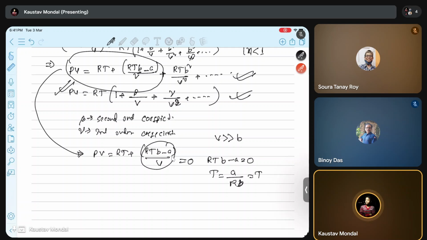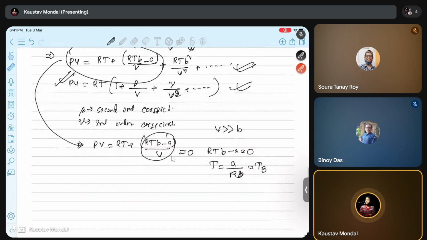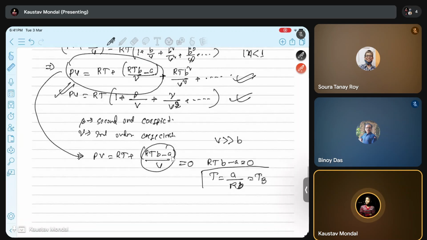This T is known as the Boyle's temperature. This Boyle's temperature is a very important temperature, because at this temperature, if you neglect the higher order terms, this real gas behaves like an ideal gas. This is also a very important quantity to remember.